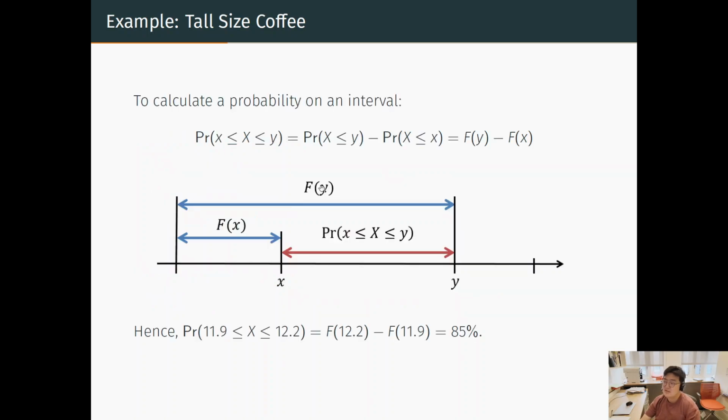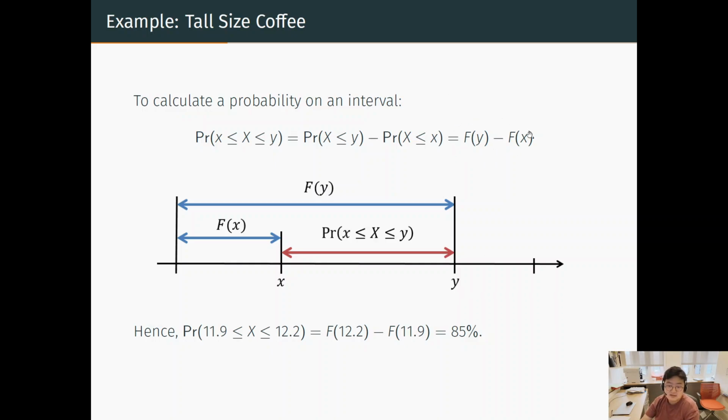Like this. So if we are interested in the probability between x and y, the CDF at y is the length from the smallest point up to y, and the CDF, the cumulative probability at x, is from the starting point up to x. And their difference, the red part, should be the probability in between x and y.